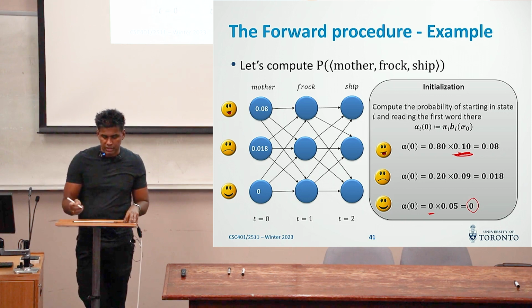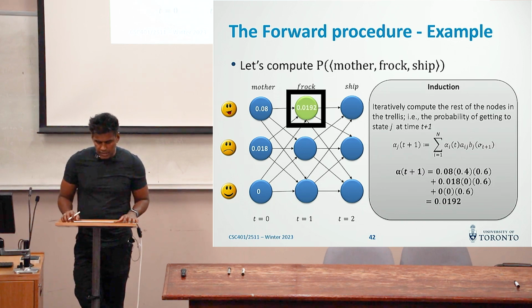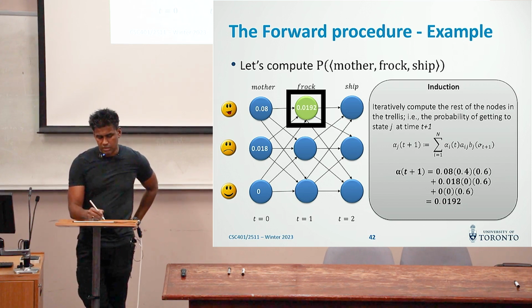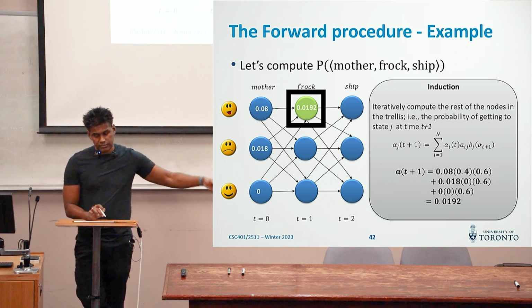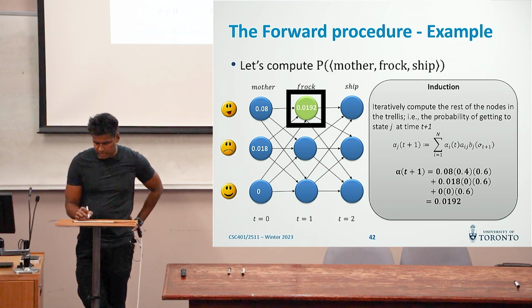Okay, so we have done the initialization. Next we will be doing the inductive step. The induction step is for frog, for this node over here, where we use all the previous phi I values that we just computed for initialization. And can someone explain to me what these numbers here are?